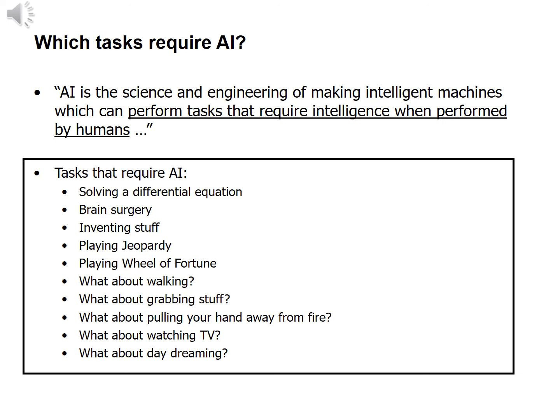What about watching TV? Getting the information from the TV to your brain and memorizing it? Do you need intelligence to do that? What about daydreaming, when you just go away in your brain somewhere else, physically being here, but mentally being somewhere else? Do you need intelligence to do that?